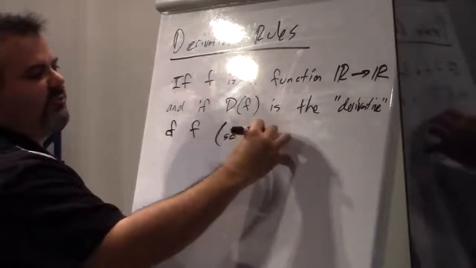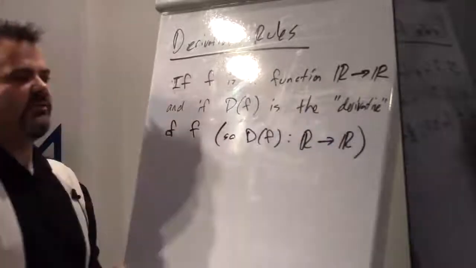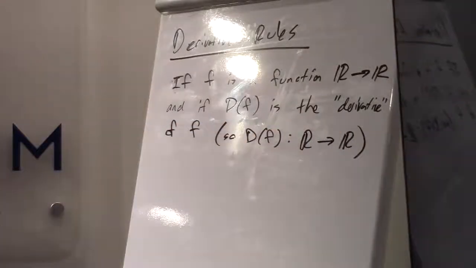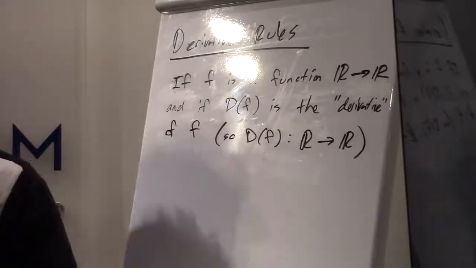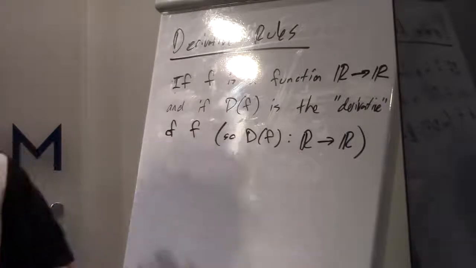So df has a type, R to R, if it exists. What is a derivative? It's that formula for the slope that we found. When our function was x squared, the derivative was 2x. Okay?